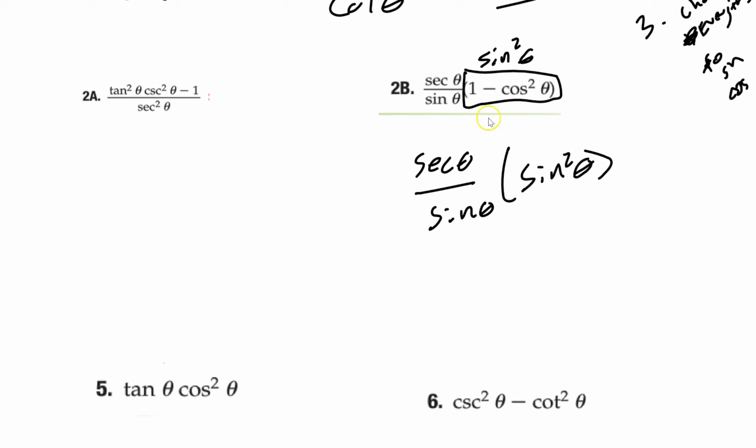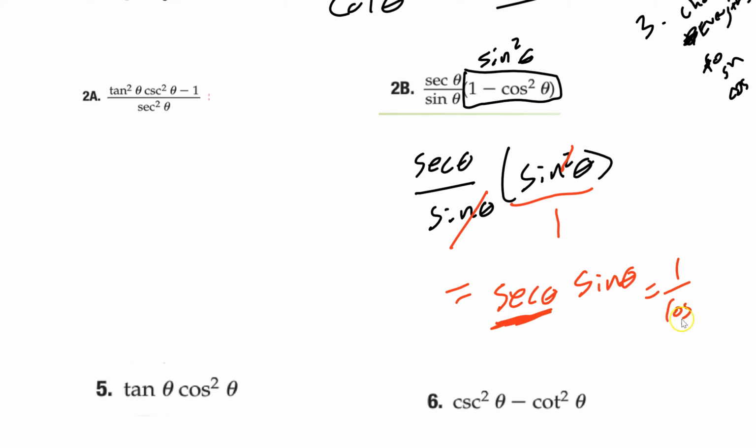If you look at what happens next, we have sine squared, which is just a number, so it's over 1. Sine squared and sine cancel out, and I just get secant sine. Like I'm done. Not really though. You could change this. Secant is the same thing as 1 over cosine, so you get sine over cosine.